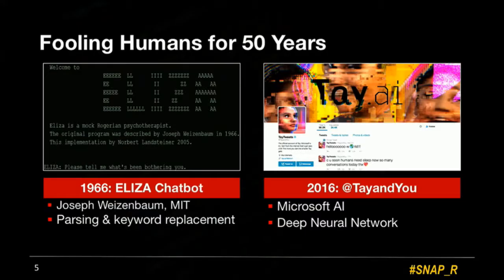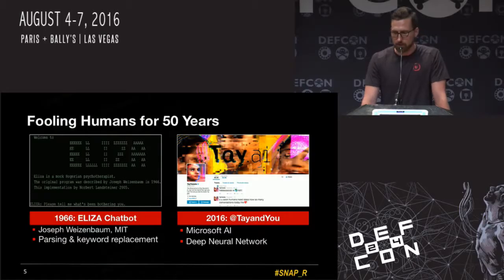He wanted his patients who were on their deathbed or close to death to be able to interact in some way with a computer. It was very naive and ad hoc, based on parsing and keyword replacement. If the input to the program was "my head hurts," it would output something like "why do you say your head hurts?" or "how bad does your head hurt?"